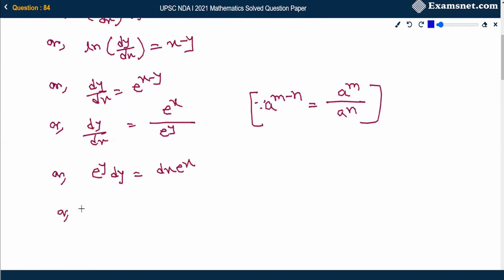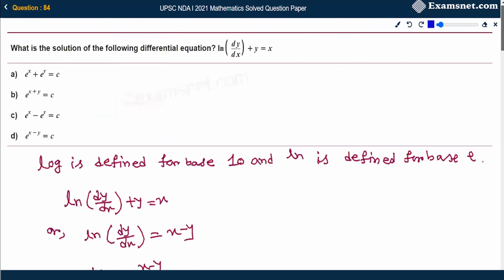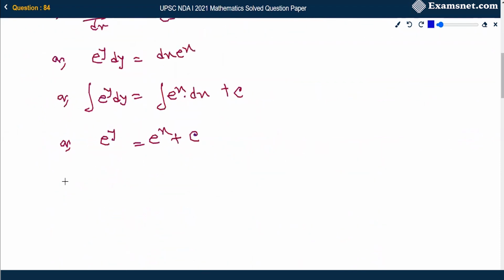So if we apply integration on both sides, we will get the integral of e to the power x dx plus c, where c is the integration constant. So it will give us e to the power y equals e to the power x plus c, right? So here, after integration of both sides, we get e to the power x minus e to the power y equals minus c.